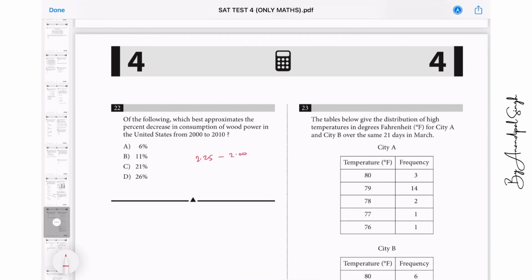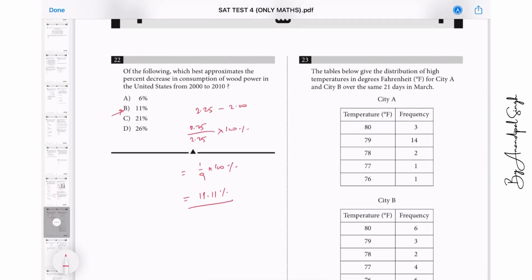It means the percentage decrease is 0.25 over 2.25 times 100%. So that will be 1 over 9 times 100%. So it's a calculator question. Simply calculate it. It will be around 11.11. So I think we should go with option B, because that's the nearest one.